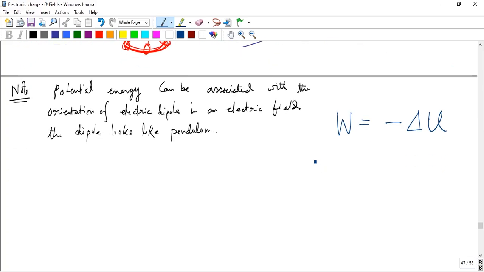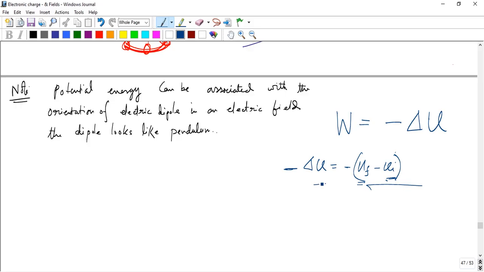So what is delta U? Delta U is final energy minus initial energy. If the initial energy is maximum and the final energy is less, then minimum minus maximum gives a minus result, so a minus sign is put here. That change in energy delta U is related to W.